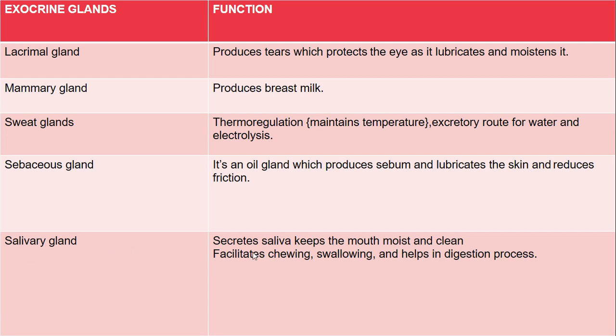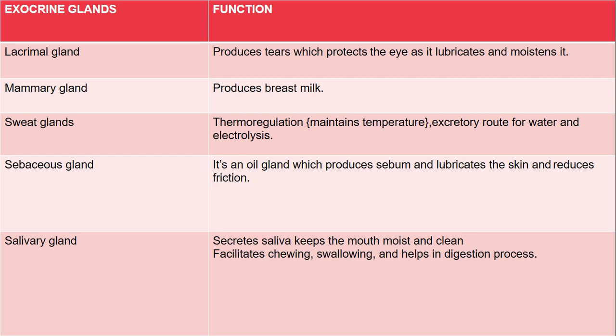And the salivary gland, it secretes saliva, keeps the mouth moist and clean, facilitates chewing, swallowing, and helps in the digestion process. How does it facilitate chewing? The enzymes which are produced in the saliva help in the chewing process and the swallowing process.